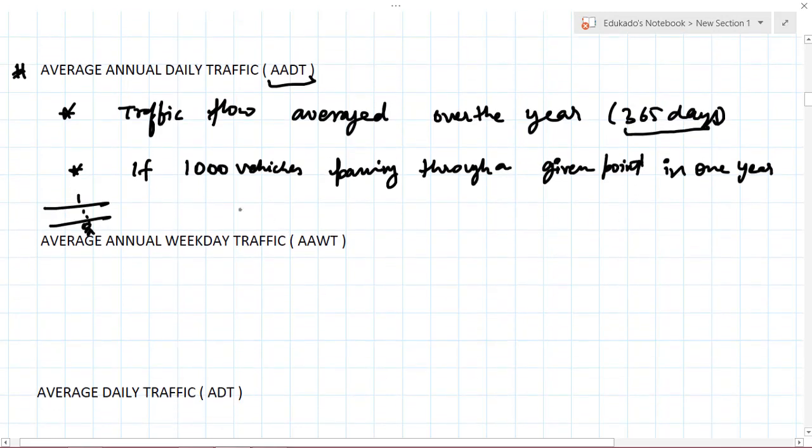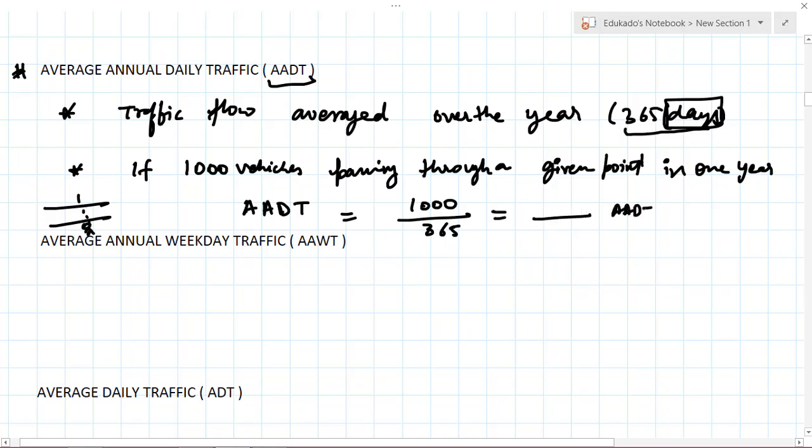Then I can calculate that AADT, average annual daily traffic, will be the number of vehicles divided by time, that is 1 year, so it will be 365. Whatever value I get over here is the AADT, that is average annual daily traffic.